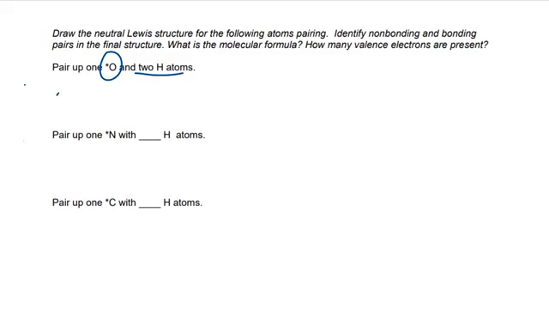If we know that oxygen has 1, 2, 3, 4, 5, 6 valence electrons, and we have two hydrogen atoms, one hydrogen has one valence electron and another hydrogen has another valence electron. We can see that one electron right here will want to join with that one electron, and this one electron will want to join and bond with that electron.